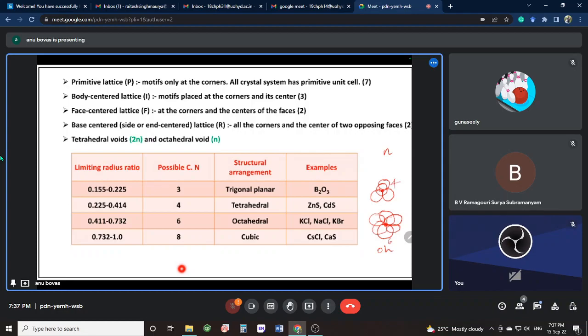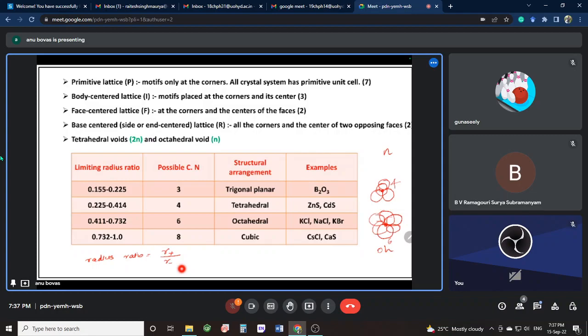Now, the next important concept is this table, used to identify any structure. This table is based on the limiting radius ratio, which is the radius of the cation divided by the radius of the anion.